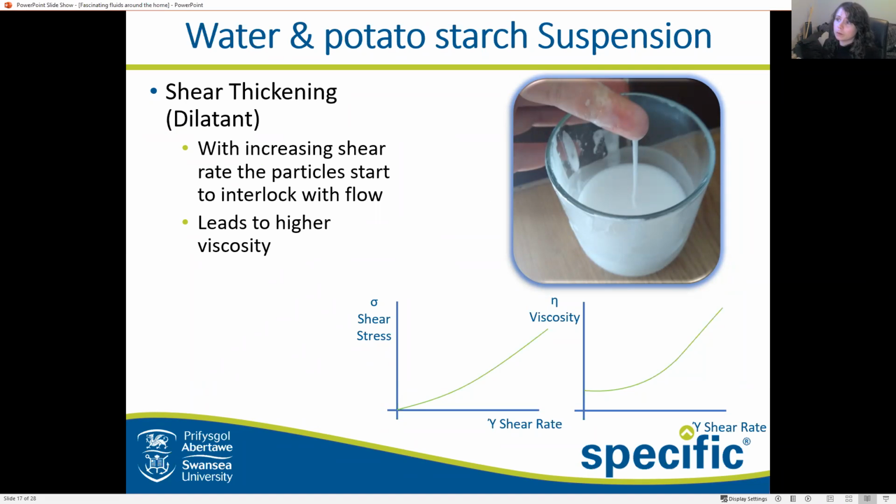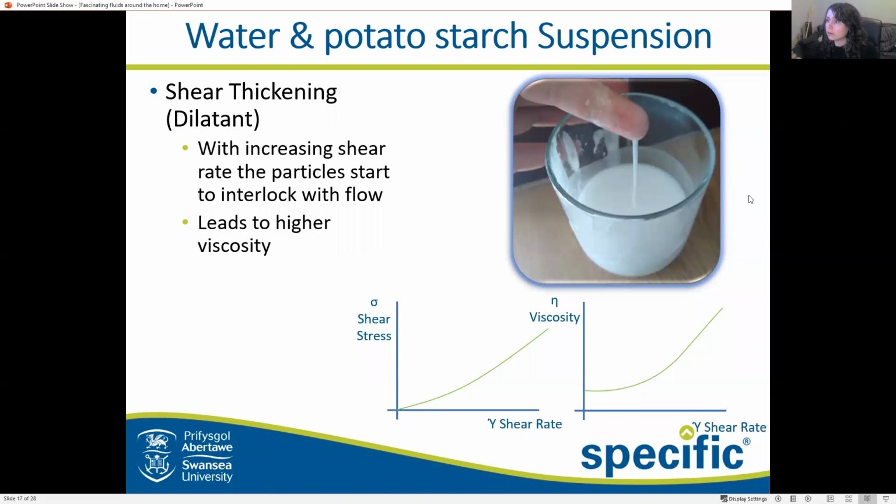Whereas water and potato starch, or water and cornstarch, corn flour, have the exact opposite reaction. So in this case, as you increase the rate of shear, the particles will start to interlock with flow, and this leads to a higher viscosity, which I find quite fascinating.